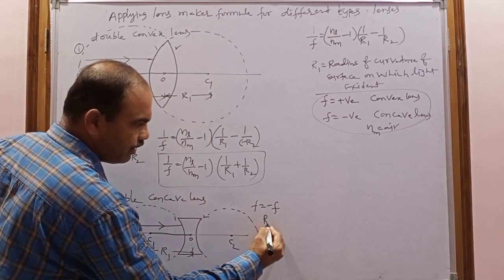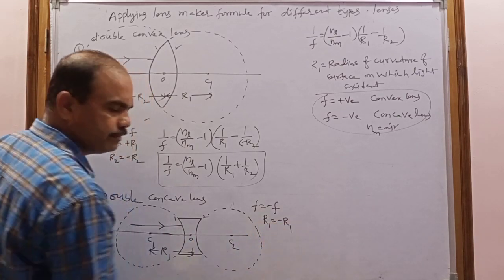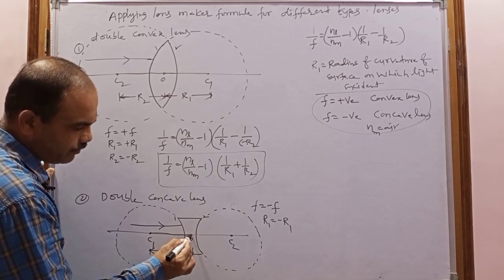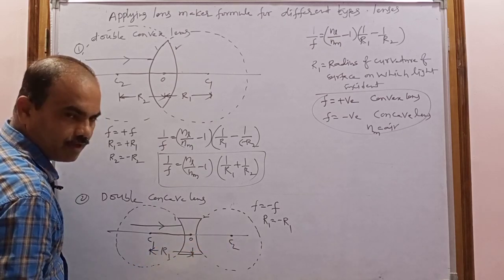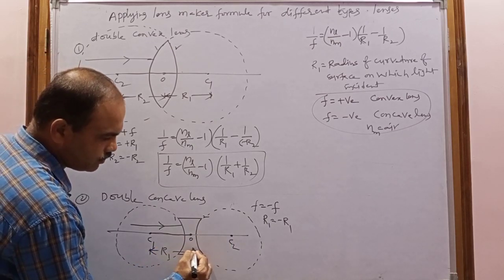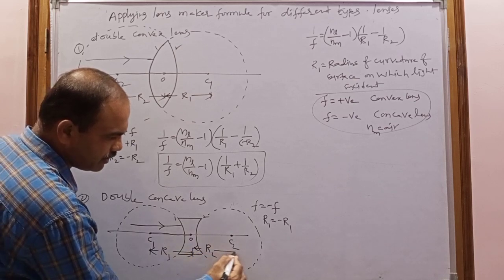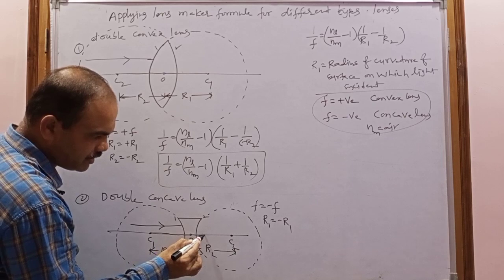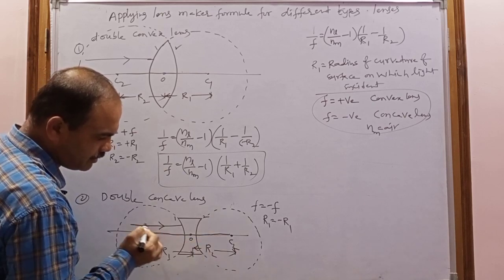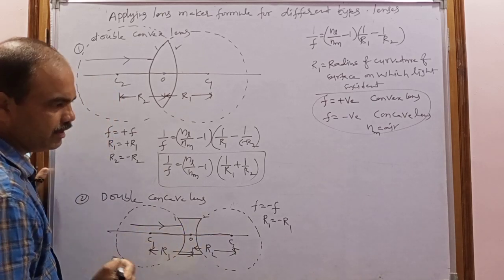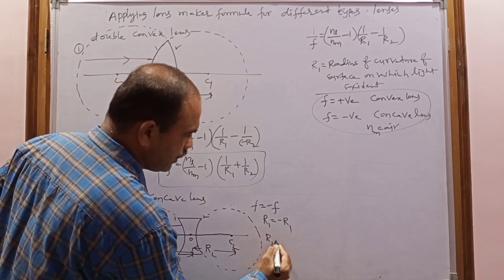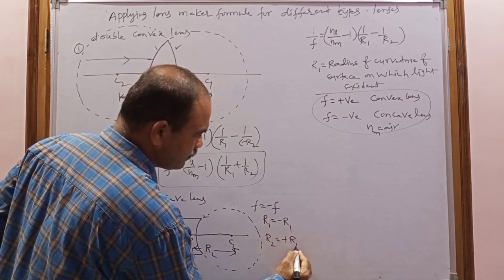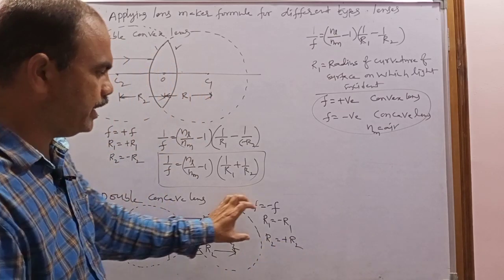That's why R1 is minus R1. And the distance from the optic center to the second center of curvature is called R2, the second radius of curvature. To measure it, in which direction are you moving? In this direction, which is the direction of the incident light. So R2 is taken as plus R2. Now you have applied the sign convention.